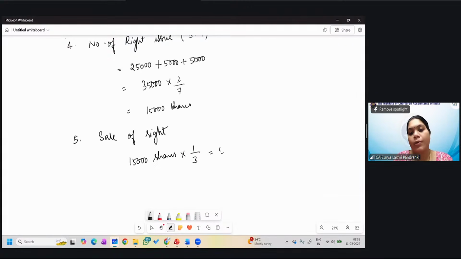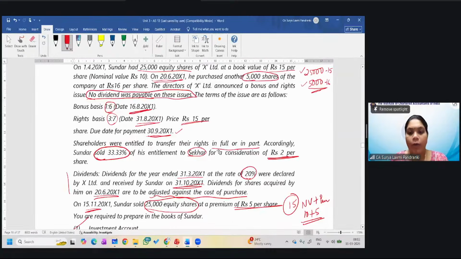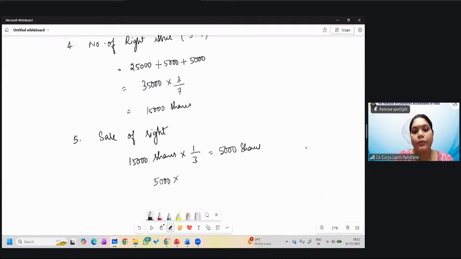So he sold how many rights? 5,000. 5,000 rights were sold for how much price? They told it is 2 per share. Going into 2, this will be 10,000.